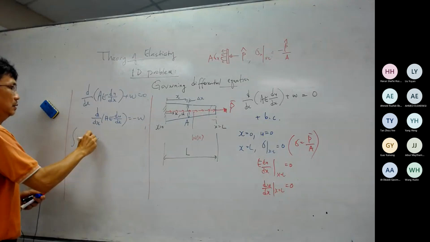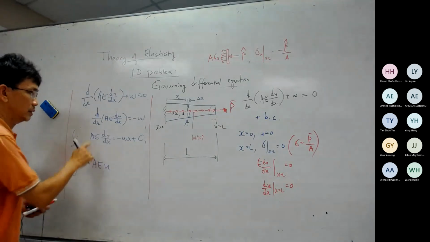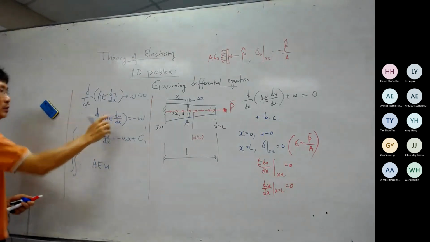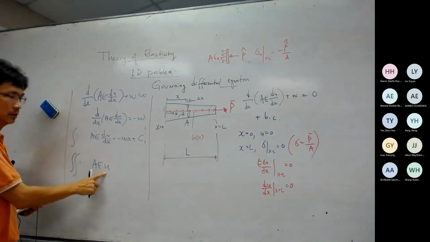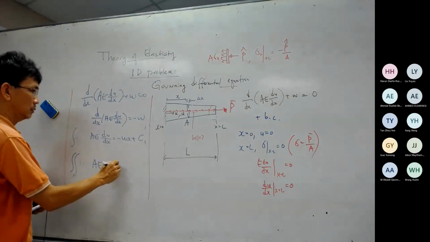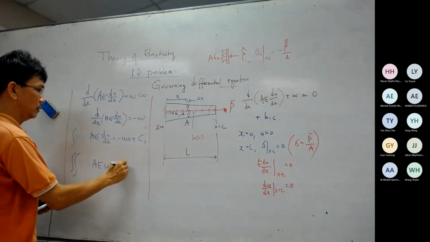Then I integrate this again, assuming AE constant and w constant, so AE u equals negative wx squared over 2 plus C1x plus another constant here.